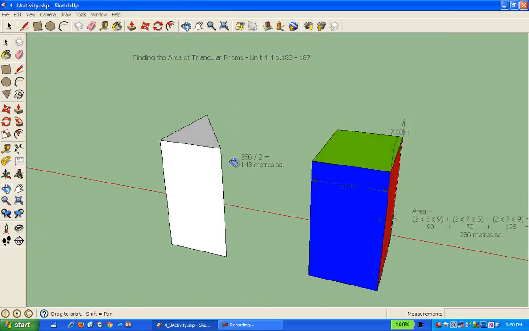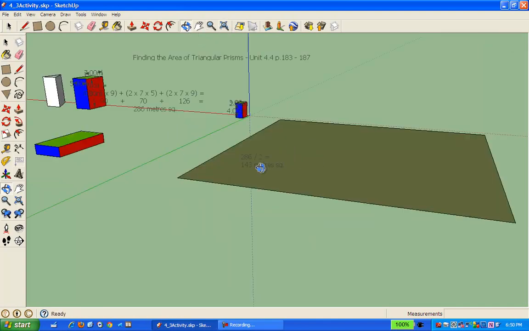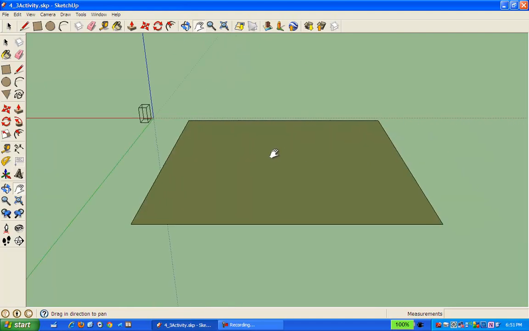All right? So what I'm going to get you to do with this particular assignment is use the same file that you did with the activity 4.3. What I want you to do is draw over here, where you were drawing your buildings and calculating the area of 3 of your rectangular prisms.